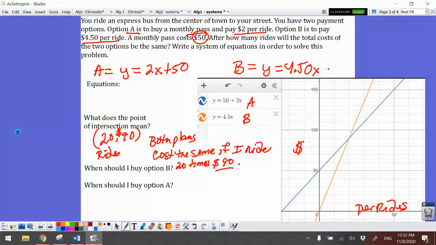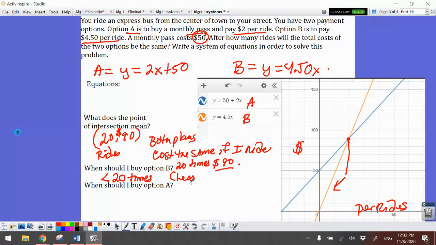All right, now it says, when should I buy option B? Well, option B is the orange. It looks like the orange is going to be cheaper here. So I'm actually going this direction from that 20. So I think that would be if I'm going to ride less than 20 times.